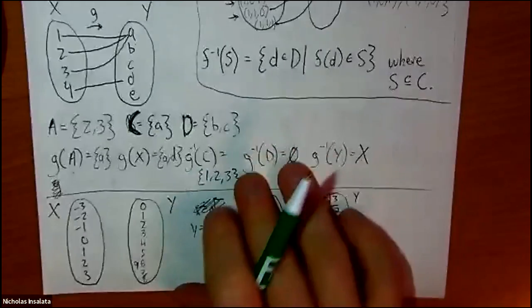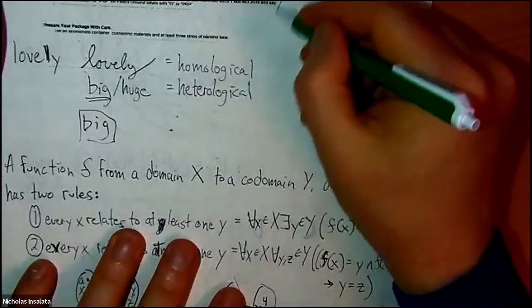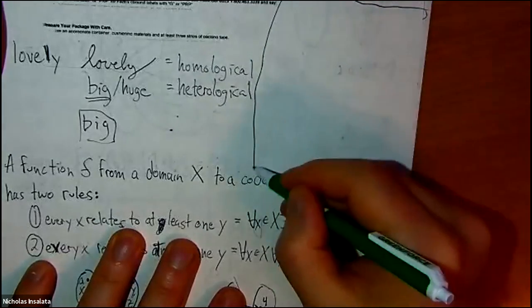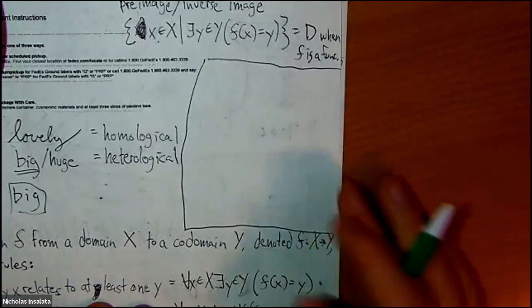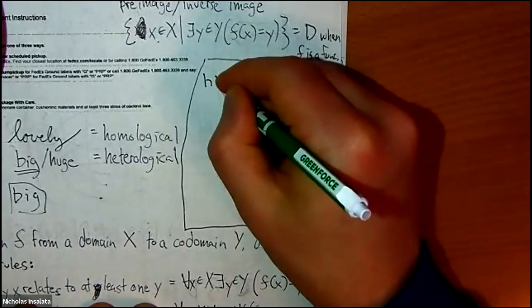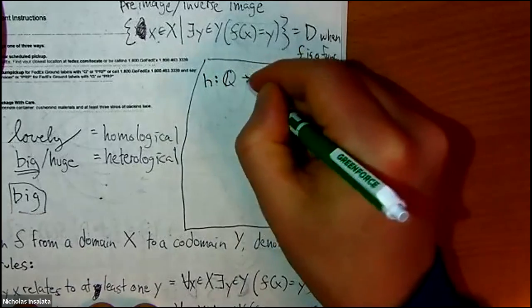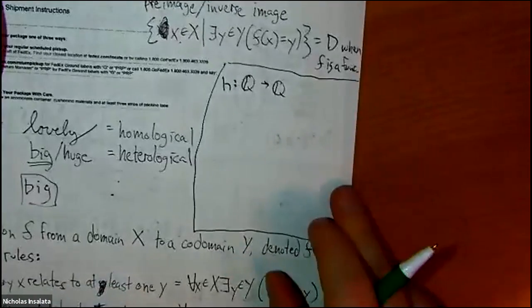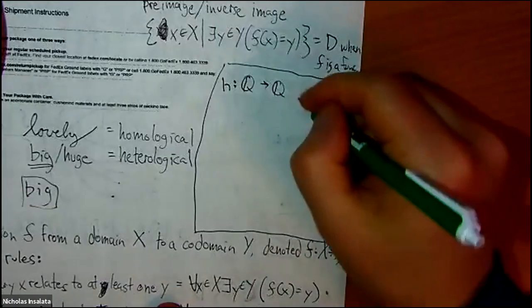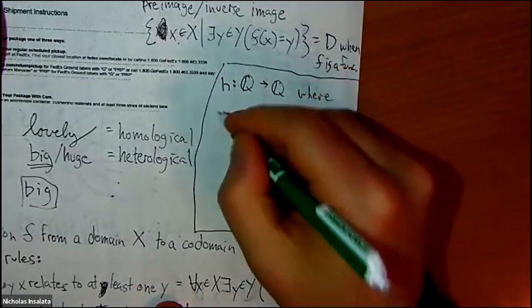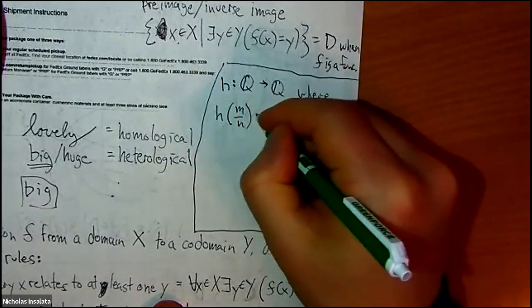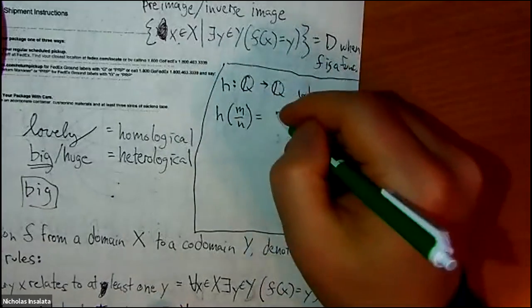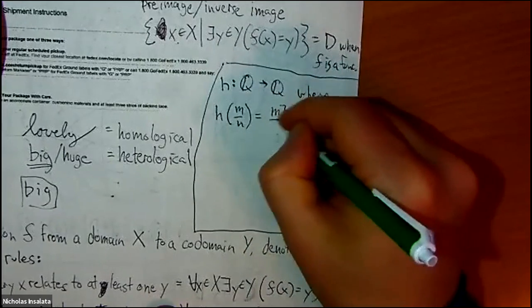Let's think about a function h from the rationals to the rationals, where h of m over n equals m squared over n.